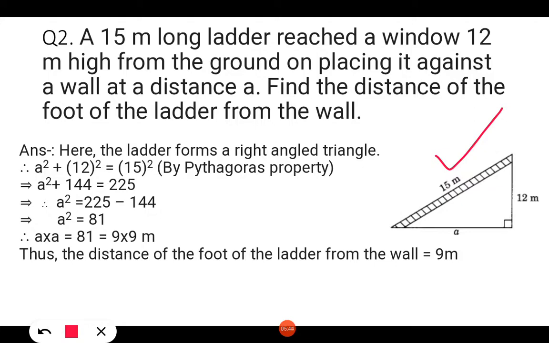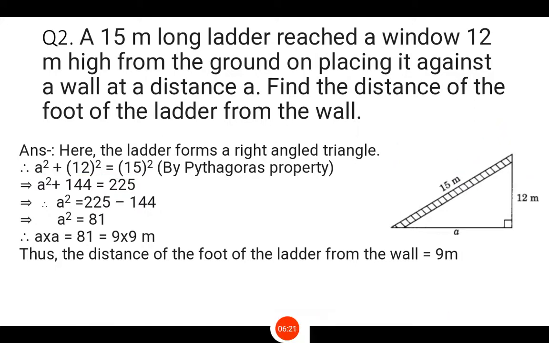In this right angle triangle, the side of length 15 meter is hypotenuse and other sides are 12 meter and a. So applying Pythagoras property, square on the hypotenuse means 15 square is equal to sum of squares on the legs means a square plus 12 square. We have written this by Pythagoras property.